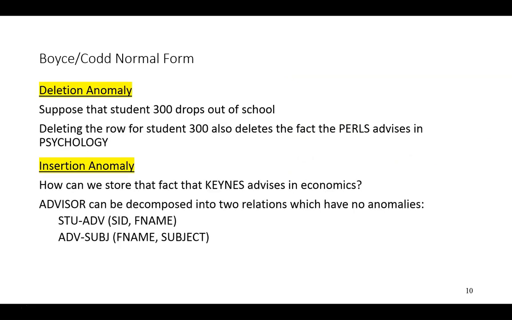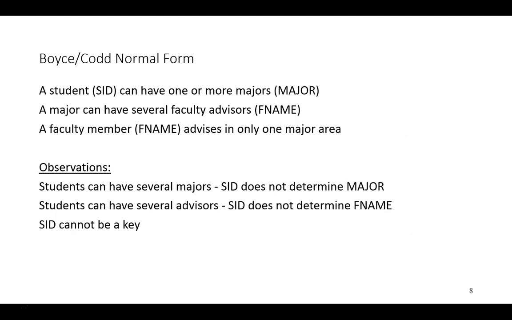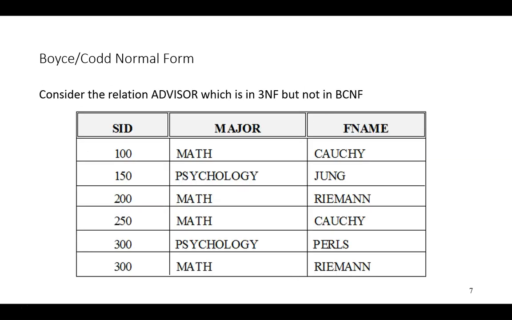There's a deletion anomaly. Suppose that student 300 drops out of school. If we were to delete the row for student 300, we would also delete the fact that Pearls advises in psychology. Let's backtrack for a moment. Deleting student 300 would cause these bottom 2 rows to be removed.